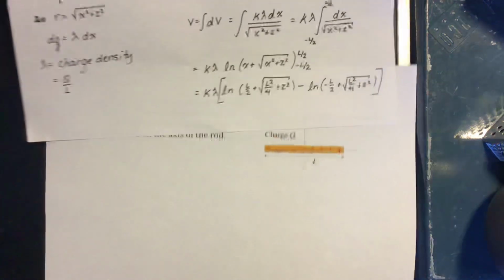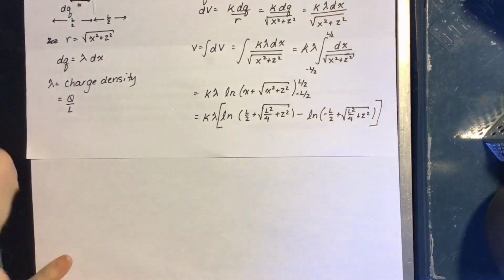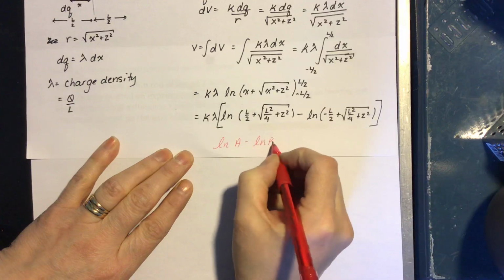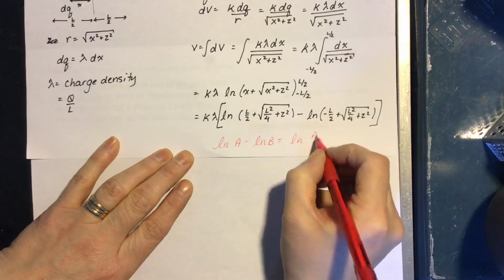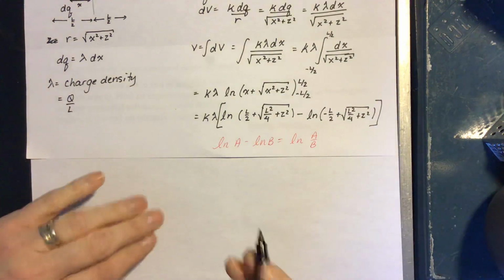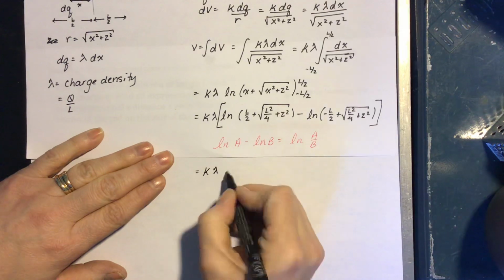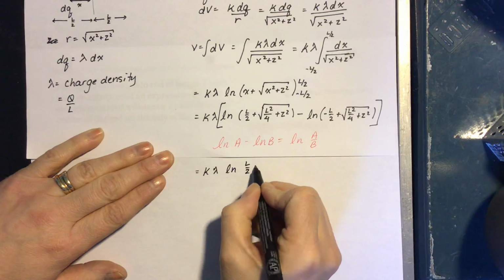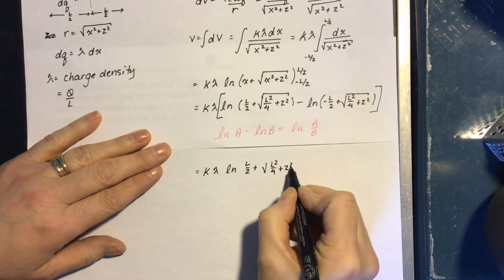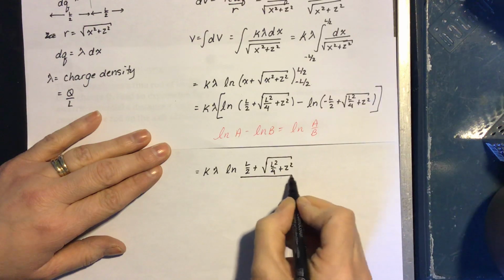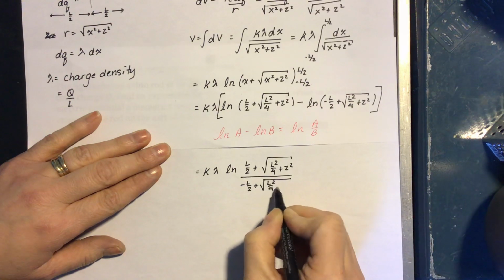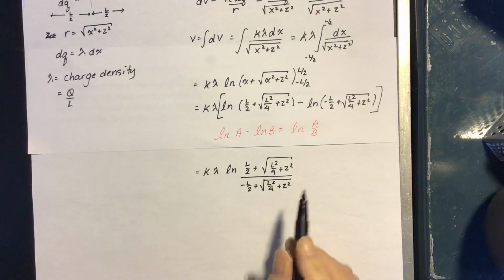So let's use the identity that the natural log of A minus the natural log of B equals the natural log of A divided by B. Let's use that identity to simplify a little bit. And then we could leave it like this, or we could simplify one little bit further.